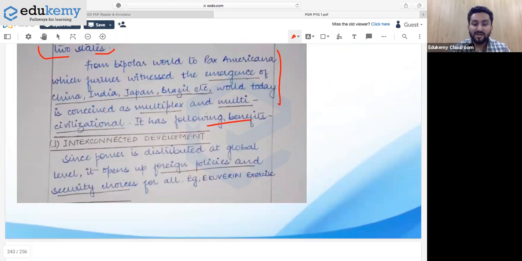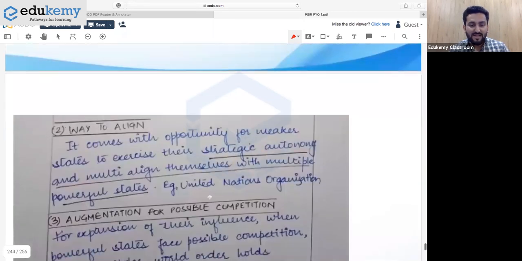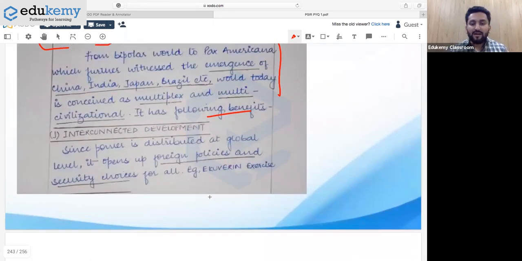Since power is distributed at the global level, it opens up foreign policy and security choices for all. For example, this Ukraine exercise, right? Now, don't you think when we talk about benefit and use the word interconnected development, we can do more justice to what we write here? Because you're using the word development and then you are using an equivalent exercise, which is connected to security.